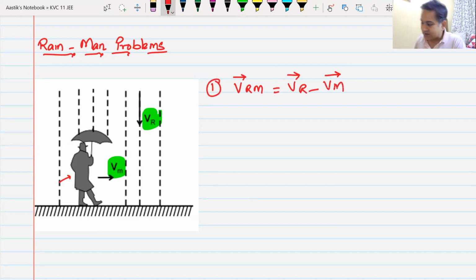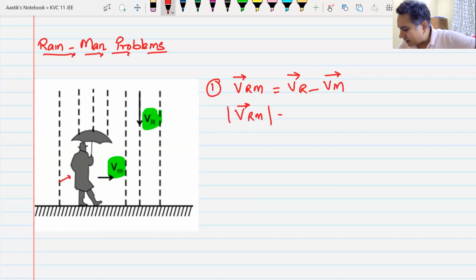Yes or no? Do we understand this? In this case, rain is vertically downwards and man's velocity is horizontal, so it will be simple VR minus VMJ. The second thing that they're going to ask is what angle it makes with the horizontal. This is the vector notation.